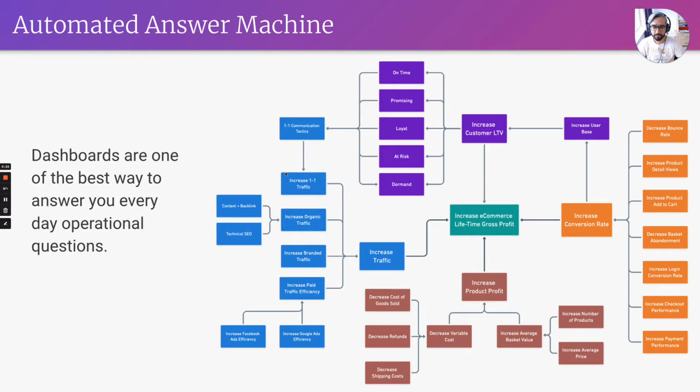In my approach, the dashboards are the automated answer machine. You should put the right data, the right KPIs in the dashboard to get the most out of it. So the most important thing is, what is your bottleneck? What is your main point in creating this dashboard?